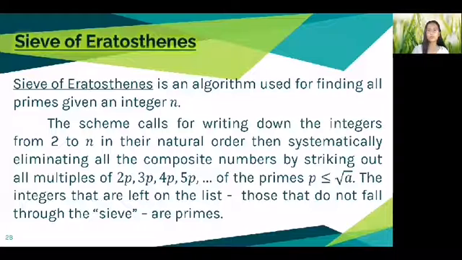The scheme calls for writing down the integers from 2 to n in their natural order, then systematically eliminating all the composite numbers by striking out all multiples of 2p, 3p, 4p, and 5p, of the primes p less than or equal to the square root of n. The integers that are left on the list, those that do not fall through the sieve, are primes.